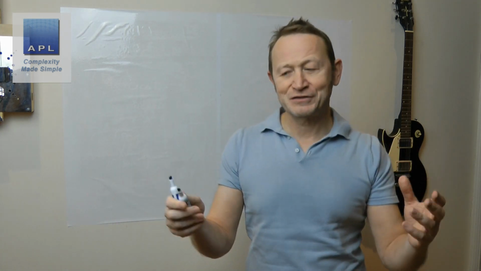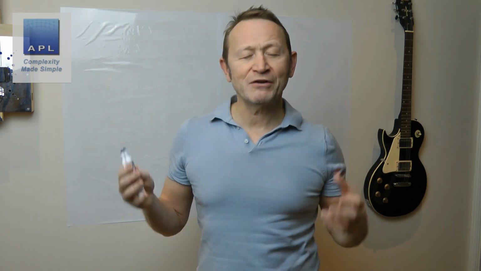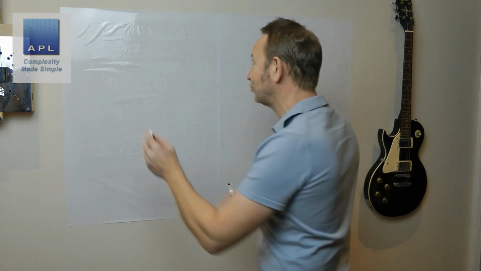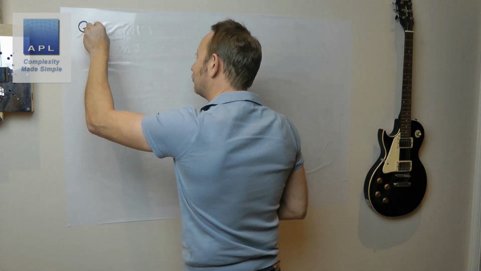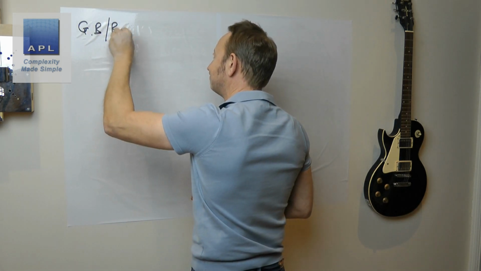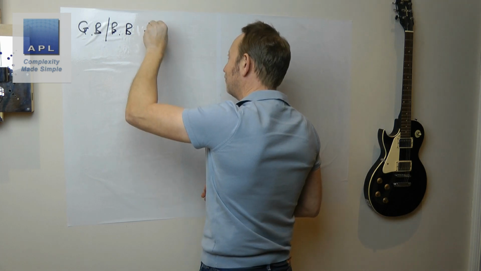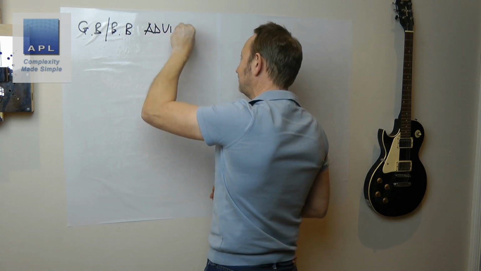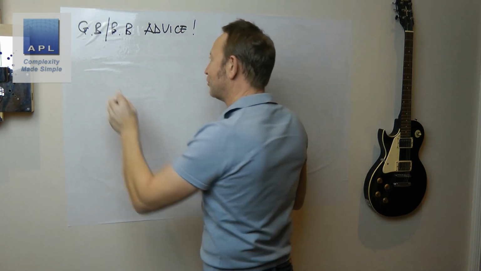My name is Paul Allen, and the subject of today's newsletter, well, we're going to give some advice to Green Belts and Black Belts. So it's Green Belt, Black Belt advice. And here's what I want to say to you.